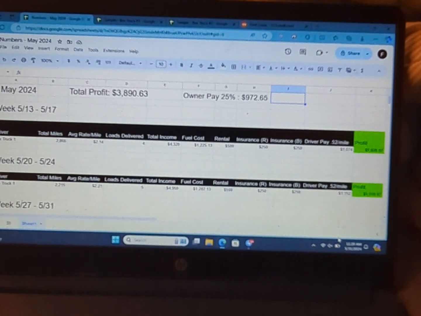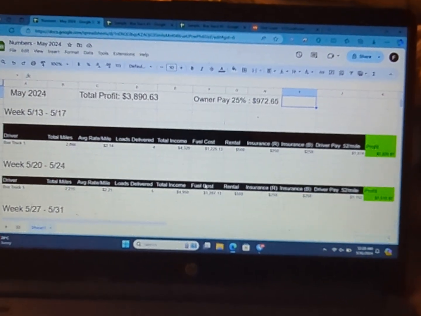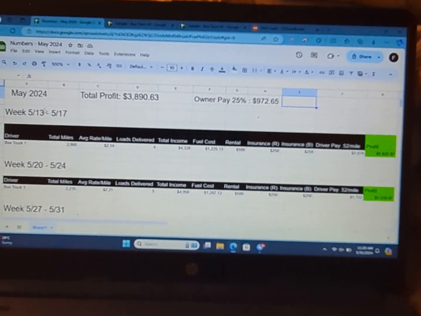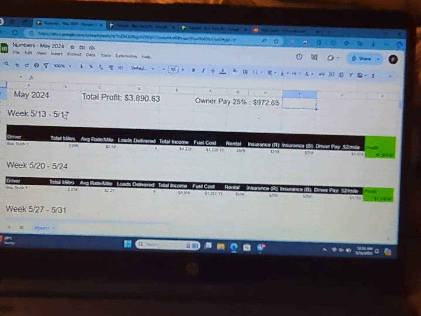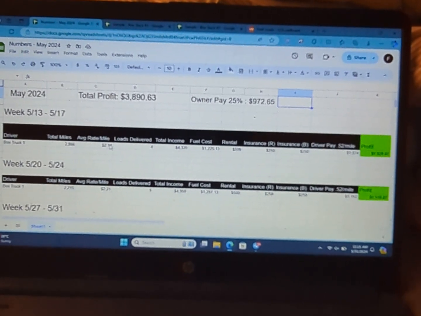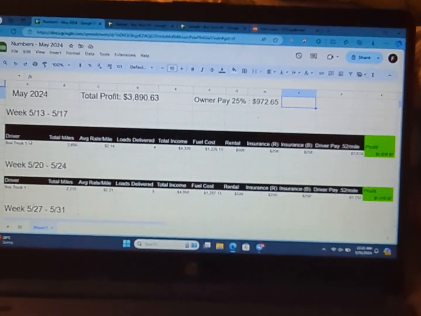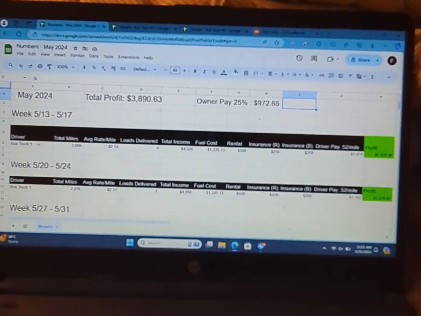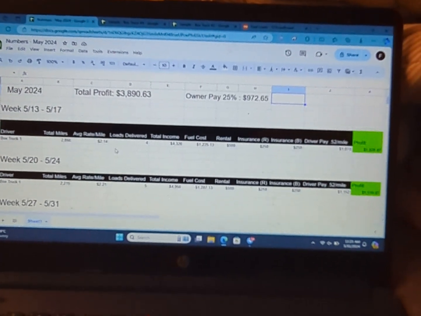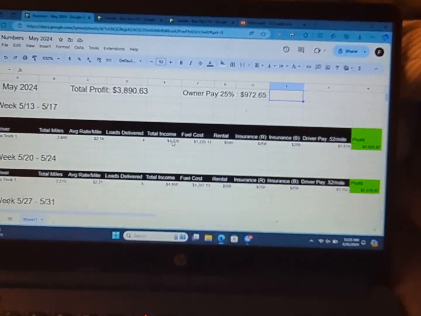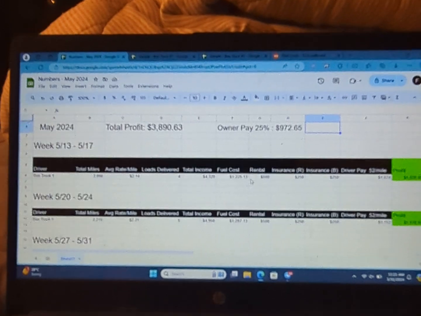This is the end of May. It's May 31st right now. I started on the week of May 13th through May 17th, and that's when I had the one truck. So what I calculated here is the driver's name, box truck 1, total miles, average rate per mile, loads delivered, total income, total fuel costs, and the rental costs.